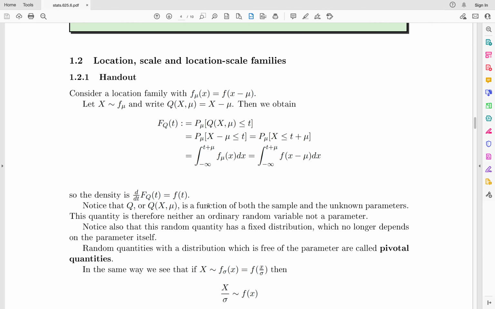But you'll be careful here that this is not a random variable, and it's not an unknown parameter because it contains both. So we call this a random quantity typically, and a quantity whose distribution doesn't depend on the original parameter, we call a pivotal quantity.